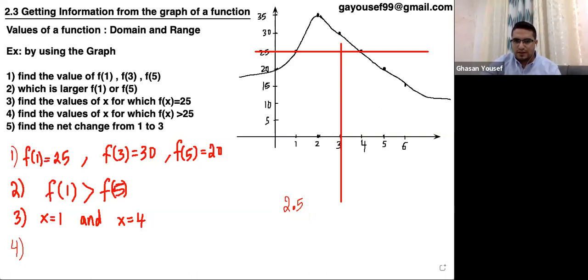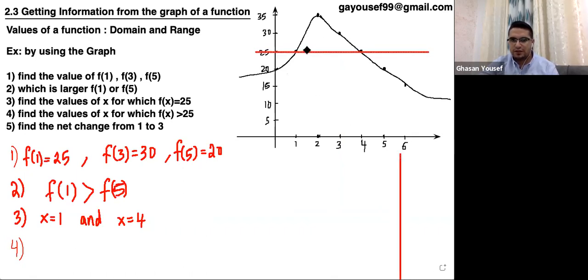Yes. So what I can say here, again, the question asked about the height being 25. So 25 is the horizontal line, such that all the values above 25 start from this point and end at this point.